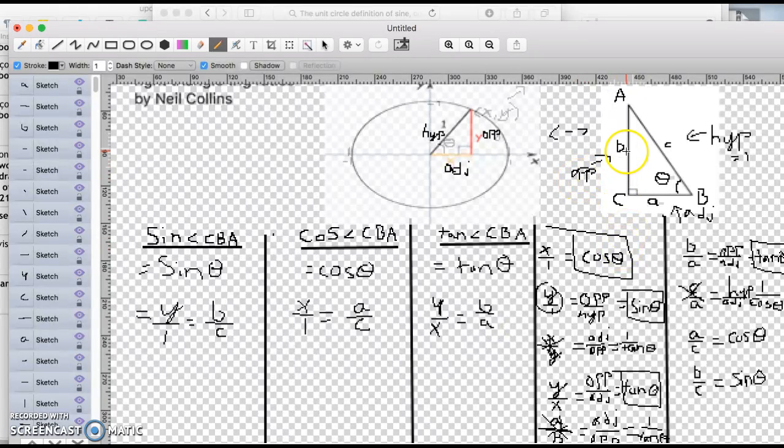As we can see, B over A will once again be opposite over adjacent, giving us tangent of this angle theta once again.